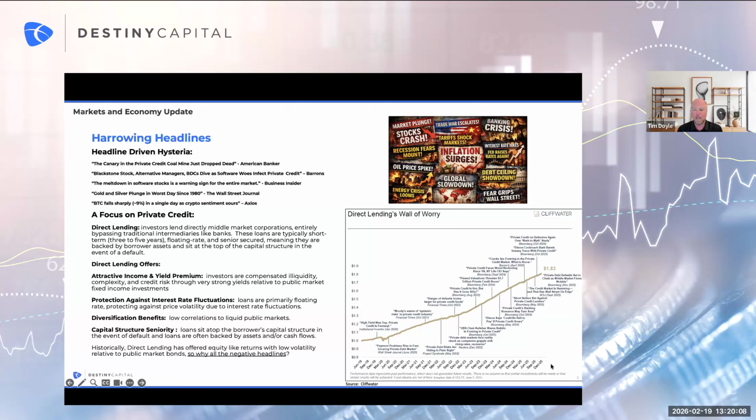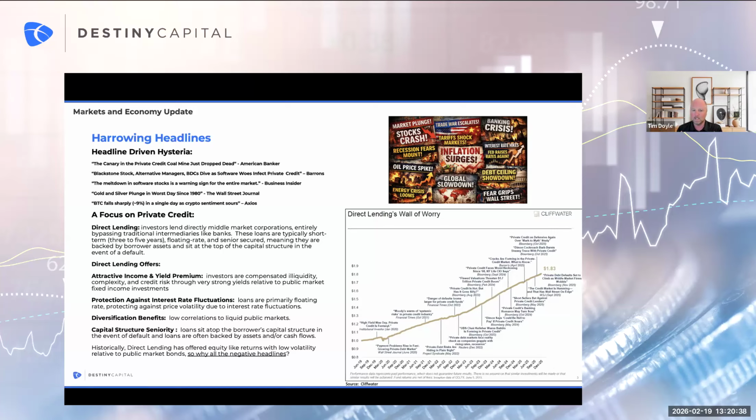Back after the 2008 great financial crisis, there were a lot of regulatory rules put in place that really put the onus on banks and who they lent to, and prohibited them, or at least made it harder for these banks to lend to middle market corporations. And that left a big void as far as lending is concerned.